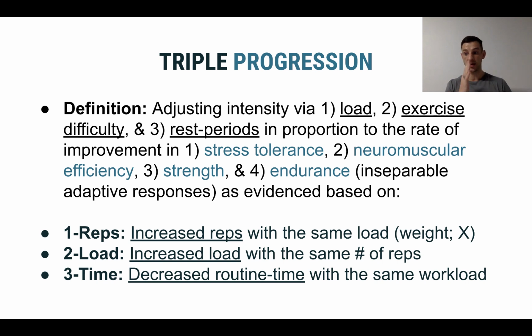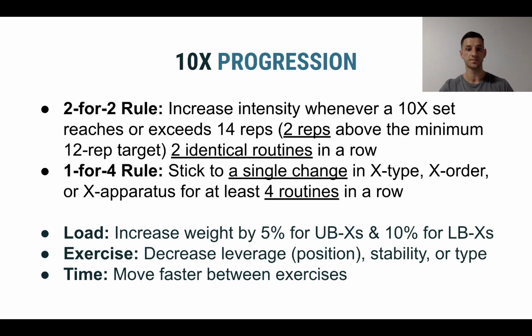So we move from exercise to exercise a lot faster, but we don't rush the exercise, okay? Don't make the mistake of rushing the exercise just so that you can have a short workout time. That defeats the entire purpose, okay? So those are the 3 ways that we increase the intensity relative to your rate of progress.